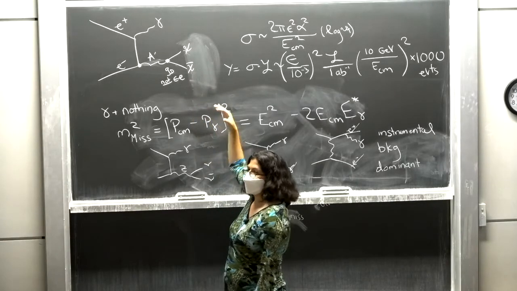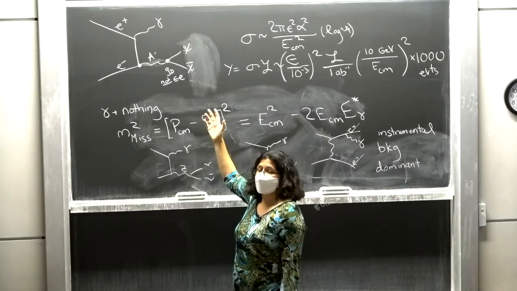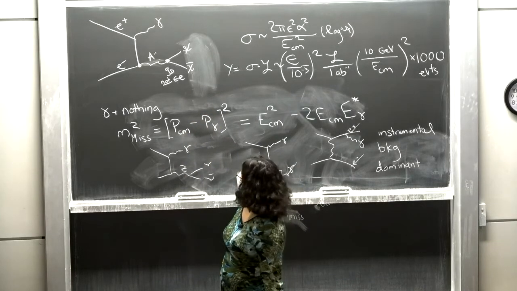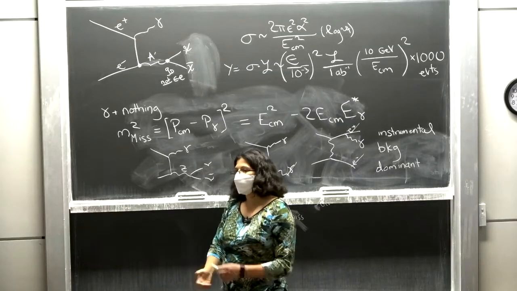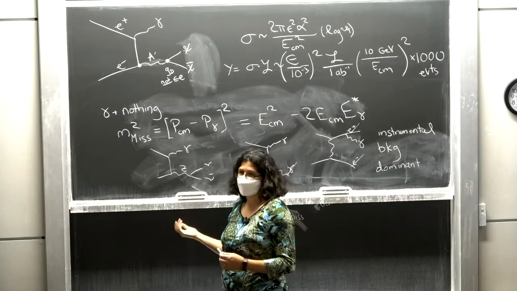You could even do this in principle at a collider. It's just difficult to trigger on. Do the missing mass measurement without requiring that the dark photon goes to nothing. Require that it goes to something that includes a bit of missing energy, but doesn't have to be completely invisible.